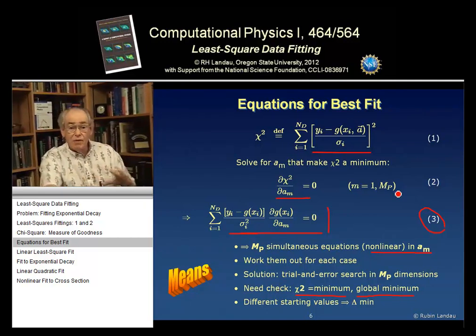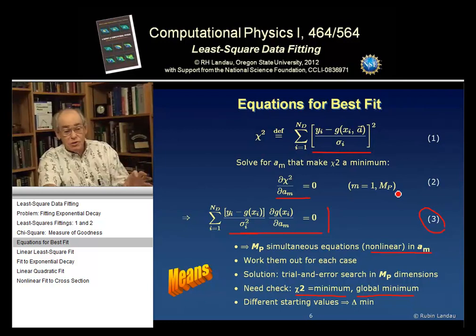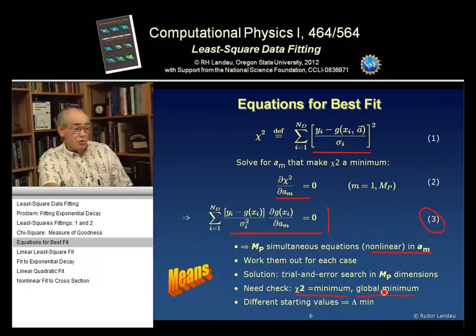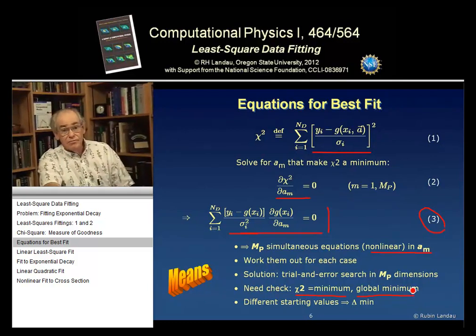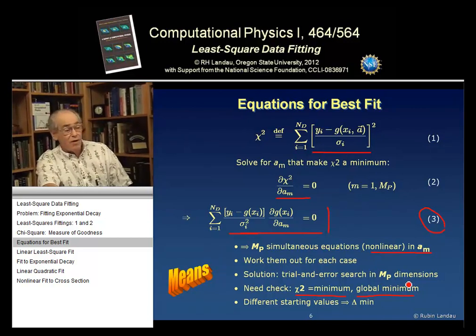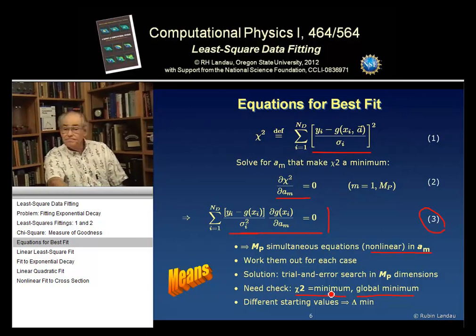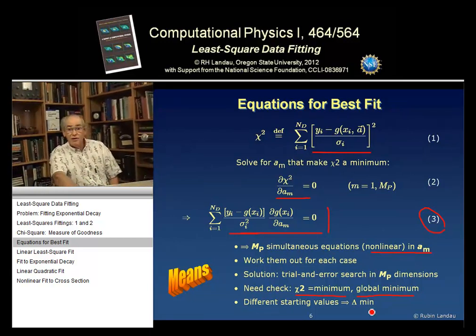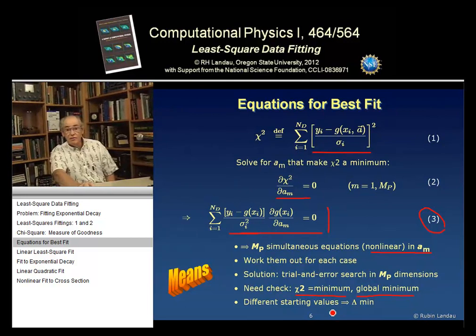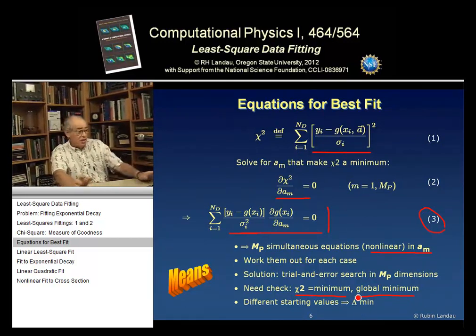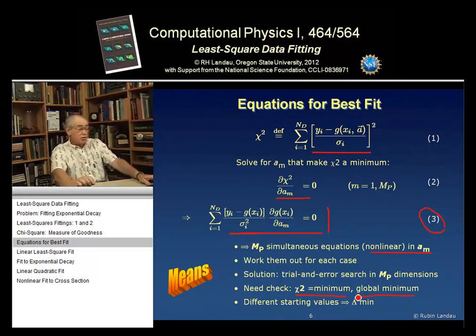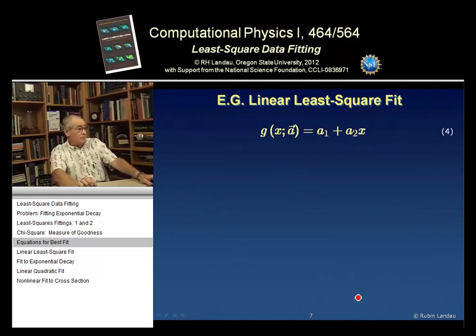There could be many minimums, and we'll just do local searches. You may need to move around, make sure that it's a global minimum. So no matter where you start off in that parameter space, you can't do better than that minimum value you find. So you change the starting values, and then you always look for the minimum of the minimum values to make sure it's global. You can't make sure it's global, but at least you know it's not just local.